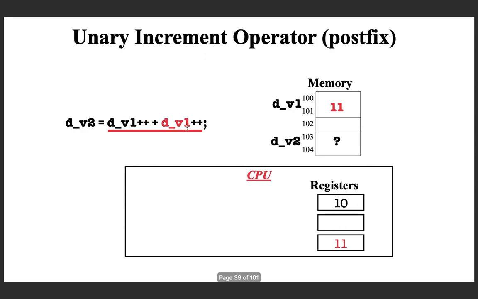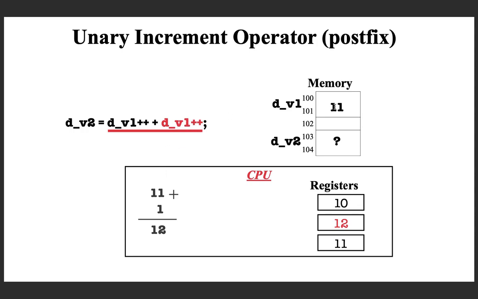And after that, maybe what it can do is, it takes the value of the decimal variable dv1, which is now 11, temporarily into a register in the microprocessor, and it holds it here, and then it performs this increment operation.